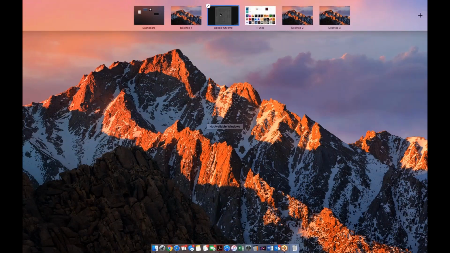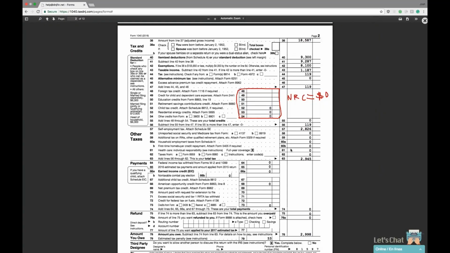So now the customer owes, between his taxable income and his self-employed tax, $29.45. That's his tax bill, $29.45, right?